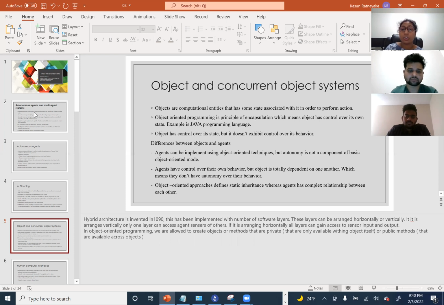Agents have control over their own behavior, but objects depend on one another, which means they don't have autonomy over their behaviors. The object-oriented approach defines static inheritance, whereas agents have complex relationships between each other.